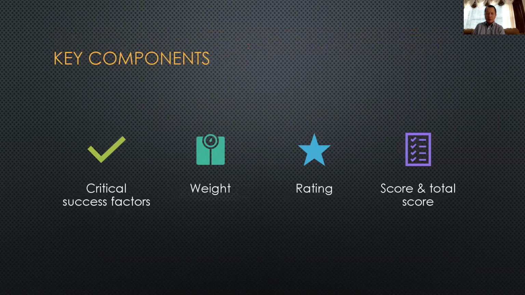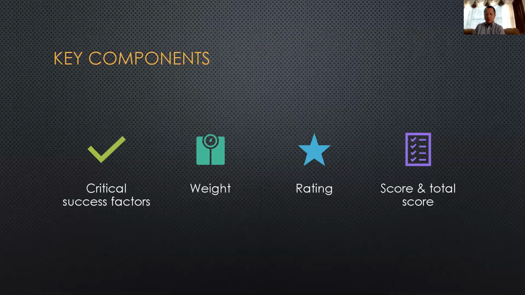So before we start to create this matrix, let's look at some components. There are 4 components or 4 steps to creating this matrix. One is you have to have critical success factors. So you have to identify and determine some of those factors that are critical to your market or your industry, and we'll take a look at some of those factors together.